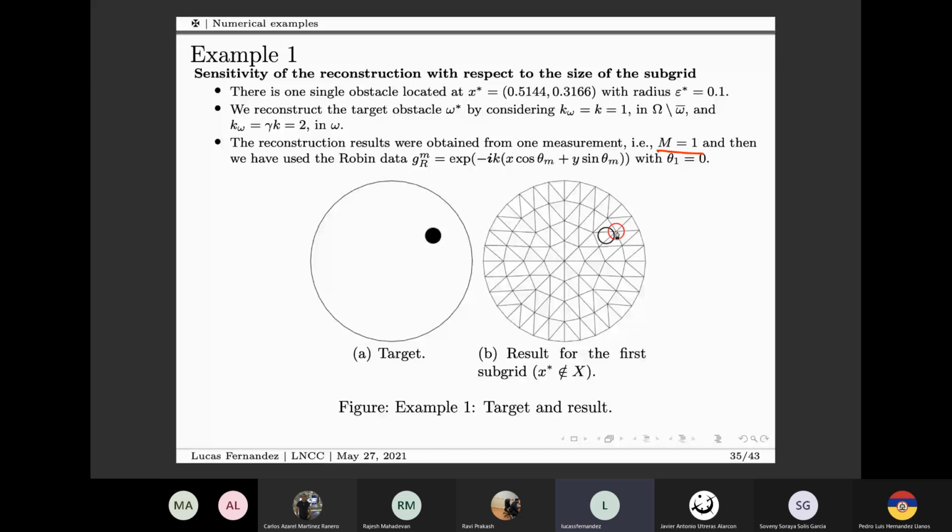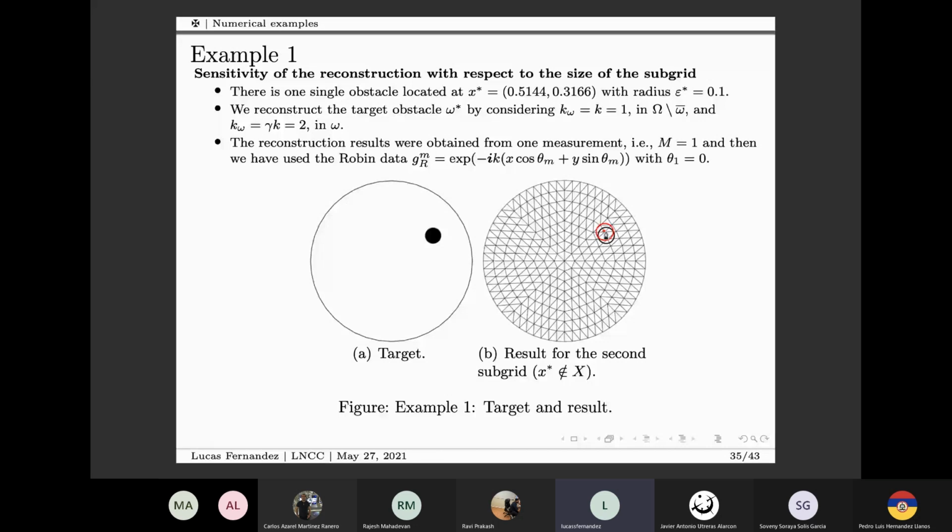inclusion. So for the second subgrid, despite such a subgrid is more refined, again, none of its interior nodes coincides with the center of the target obstacle. In this case, the algorithm keeps returning a location, a node, which is closest to the real center of the obstacle.